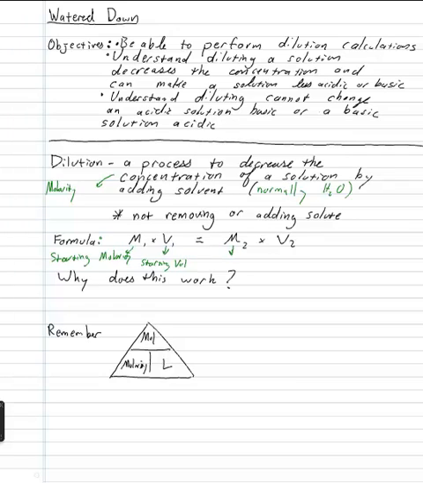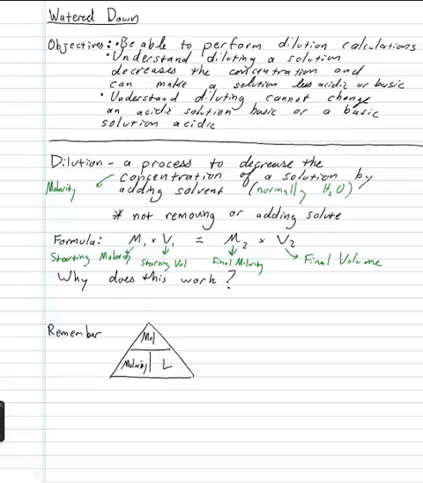M2 is our final molarity, and V2 is our final volume. You probably have seen this in algebra when talking about inverse relationships. If I'm increasing the volume of a solution, I'm decreasing the molarity. So that's an inverse relationship.